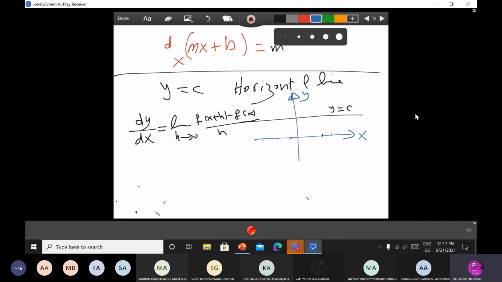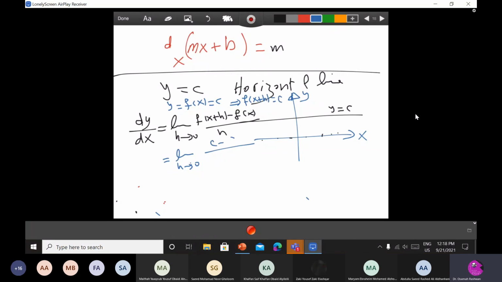Now we just substitute. It is equal to the limit when h tends to 0. This is y equal to f of x equal to c. So what about f of x plus h? There is no x to change, so you will keep it as c.